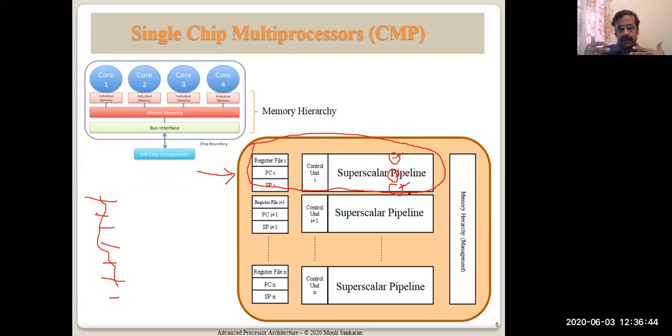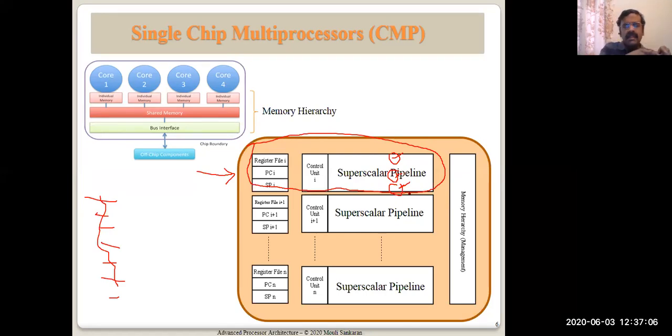Let me explain. If I am given one stream of instructions belonging to a process, I am restricted by the data dependency and memory access. Suppose I have a load store instruction. The data is not in the cache. I'm not going to get the data immediately, so it is going to block.